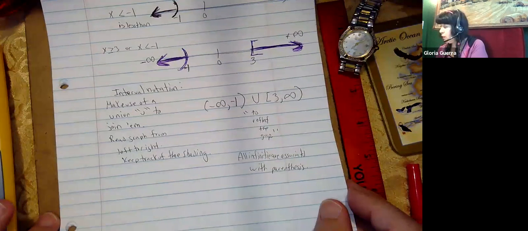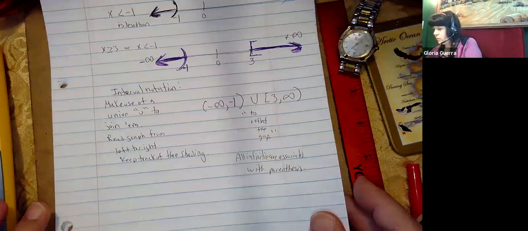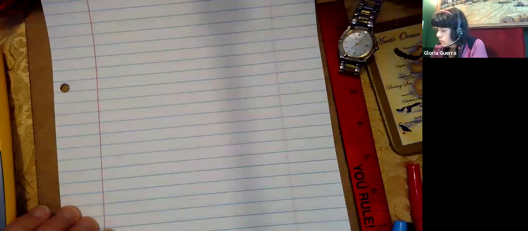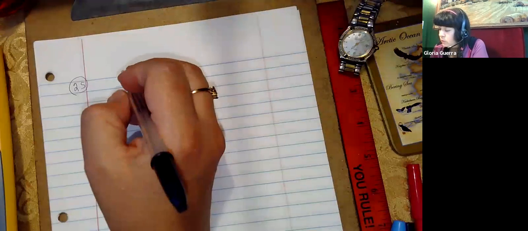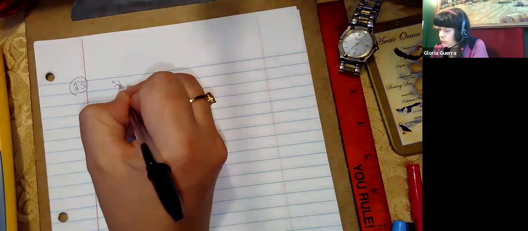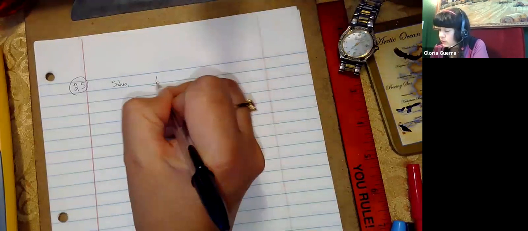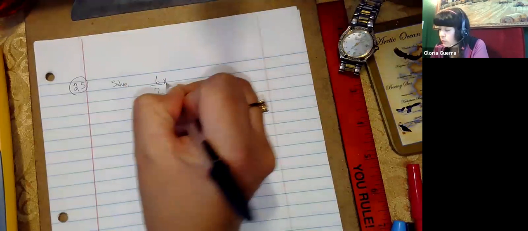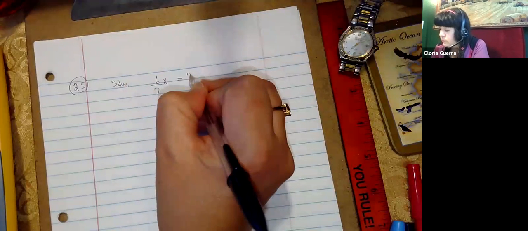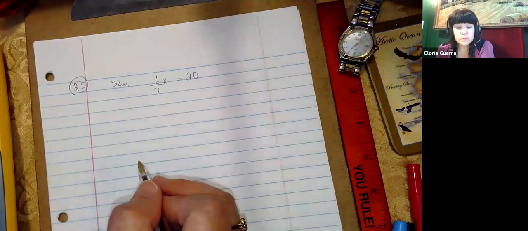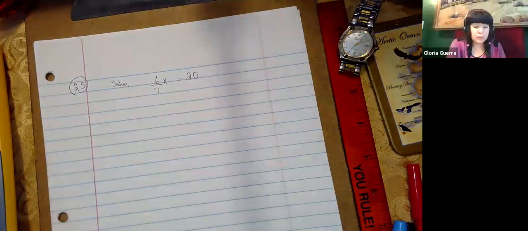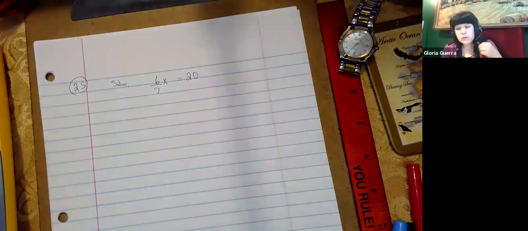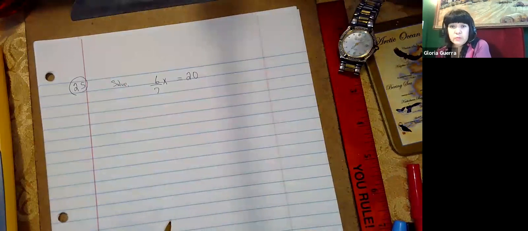Okay, then we're going to look at problem 25. And we're solving 6/7 x equals 20. Okay. So I always teach my students that when we're solving for x, you want to isolate your variable.